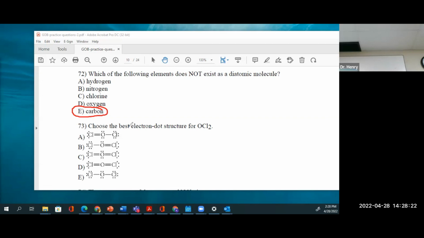Choose the best electron dot structure for OCl2. Oh, interesting.